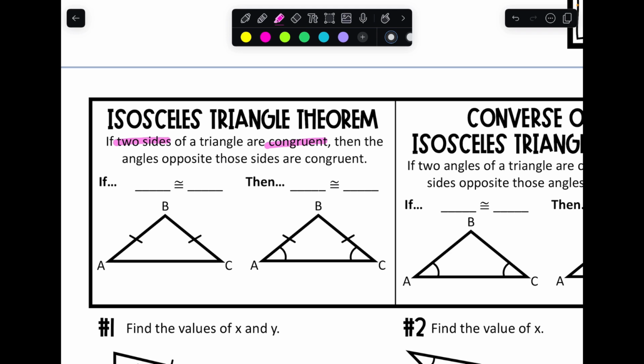What it means by the angles opposite those sides are congruent is the base angles. So what this says is that if I know that segment AB is congruent to segment BC, then I can assume that angle A is congruent to angle C.